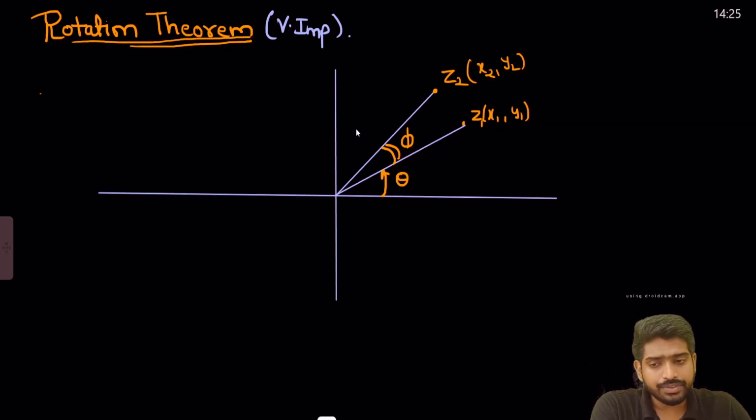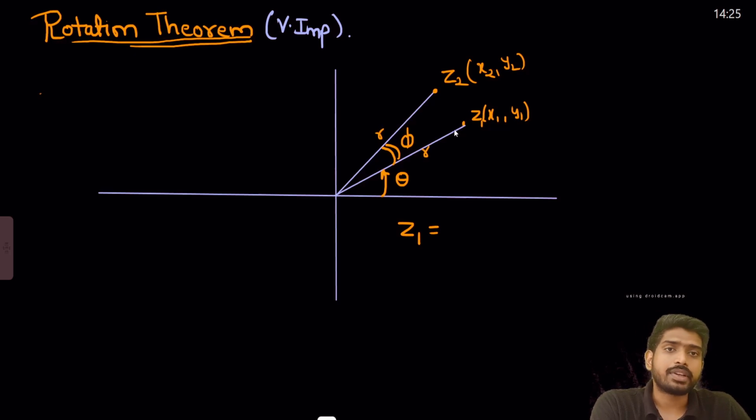Now if we write z1 in Euler's form, let's suppose the magnitude is the same for both of them. Magnitude is r and r. I will discuss the cases when magnitude will be different also, but for now let's take the magnitude equal.